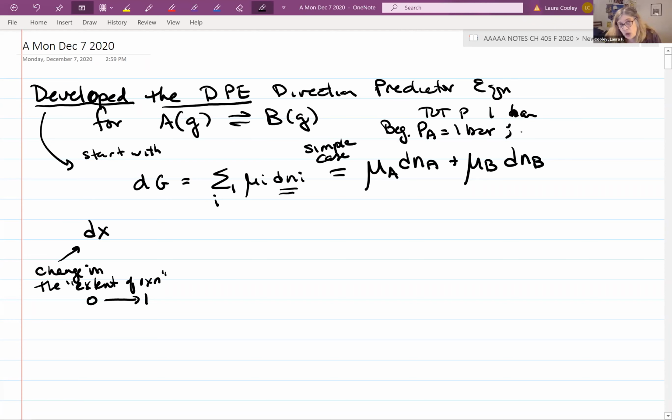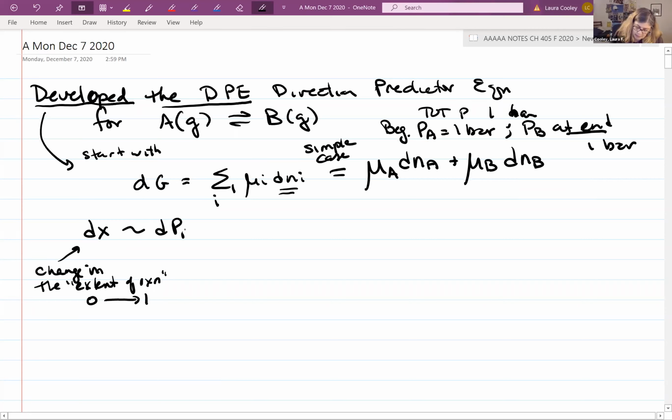And if this were to go to completion, P_B at the end would be 1 bar. So in a way, you could think about dx as really like dP_B in this example, because P goes from 0 to 1 as well, just like x goes from 0 to 1.